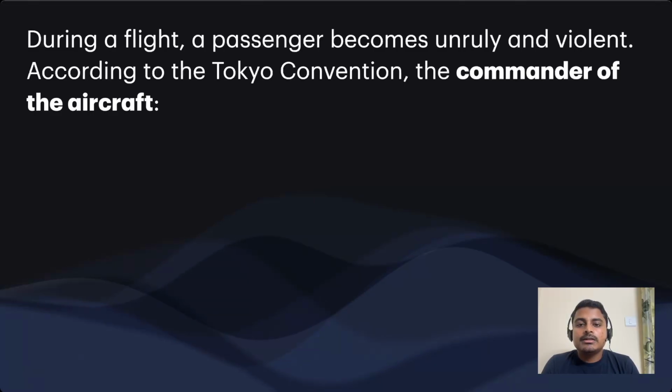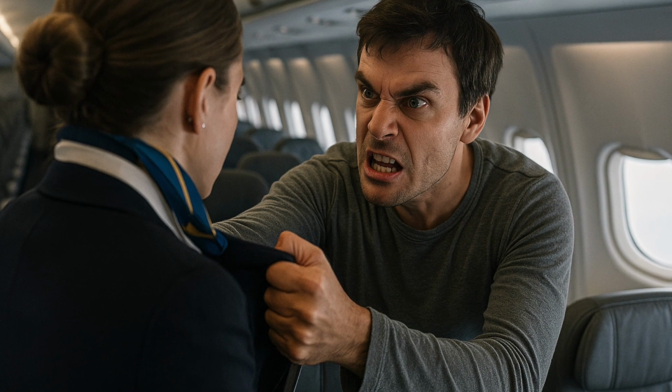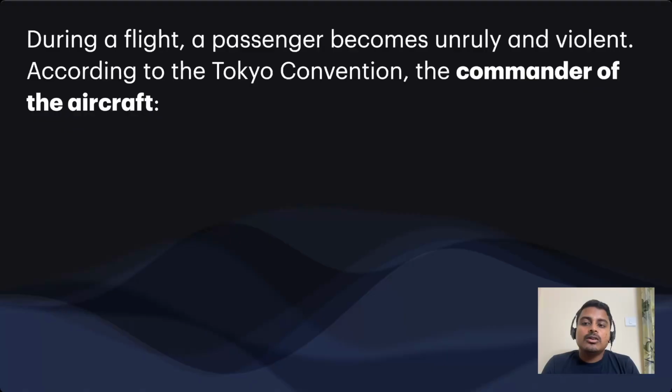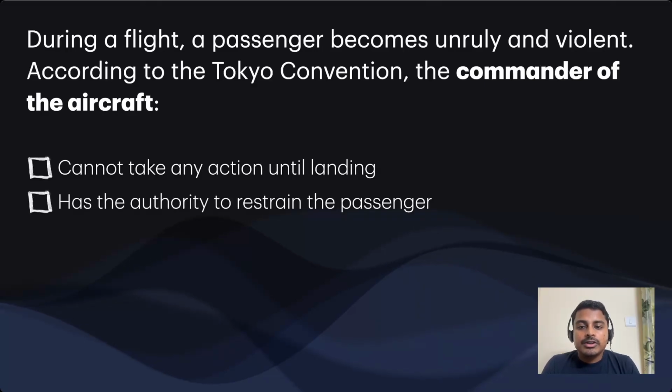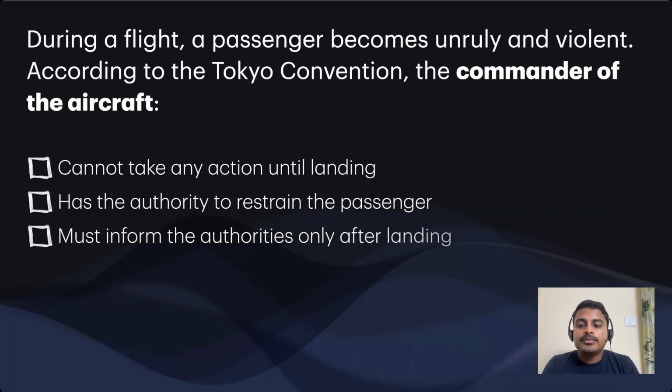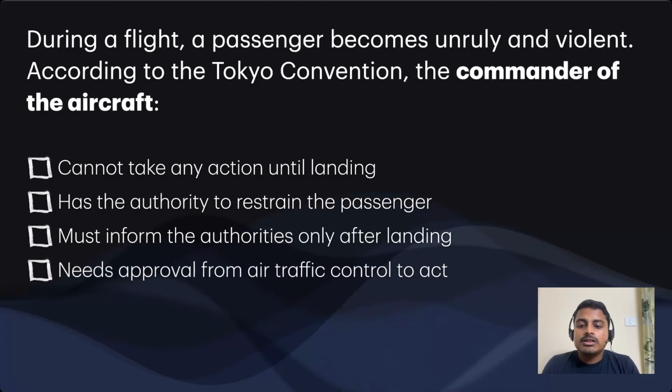During a flight, a passenger becomes unruly and violent. According to the Tokyo Convention, the commander of the aircraft cannot take any action until landing, has the authority to restrain the passenger, must inform the authorities only after landing, or needs approval from air traffic control to act.